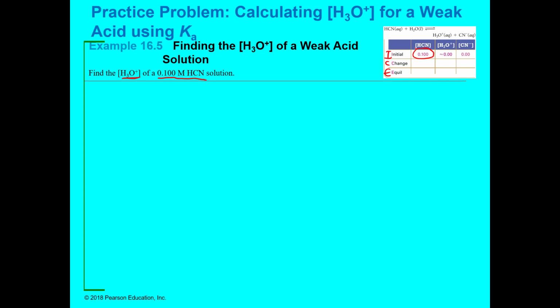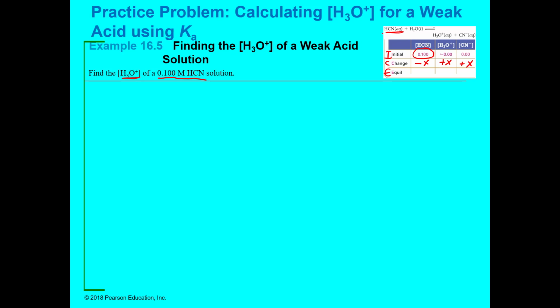Now, since we don't know what the change is because we don't have any other information, we're going to have to use X's. In a weak acid, we're going from the weak acid to partial ionization of H3O plus and CN minus. So that means we're going to use up X of HCN, and we're going to make X of the H3O plus and the CN minus.